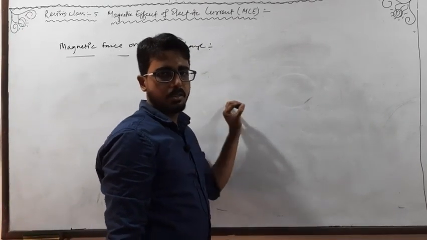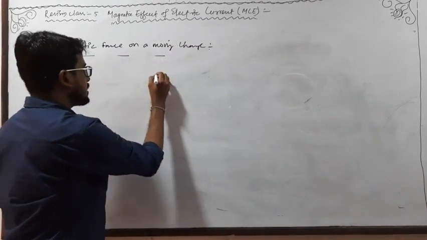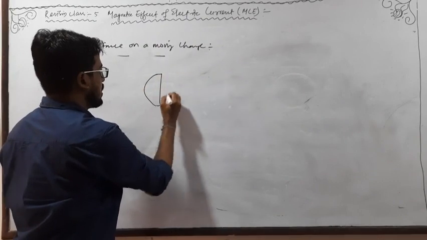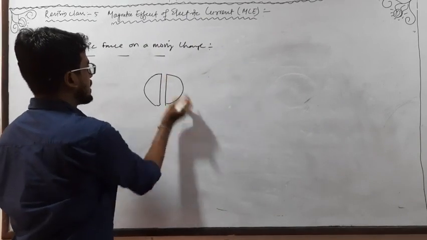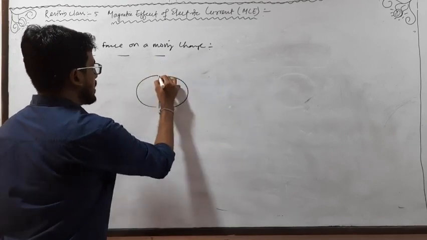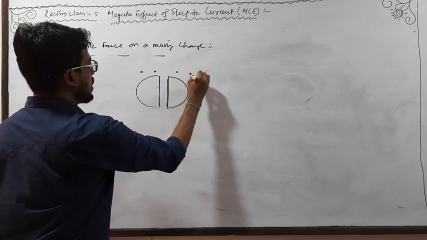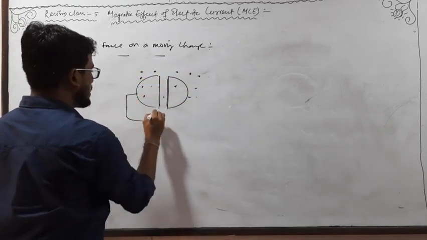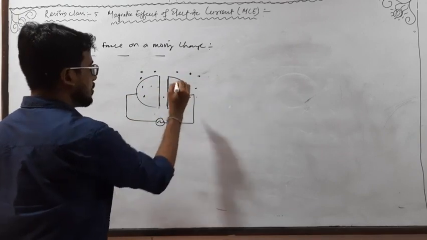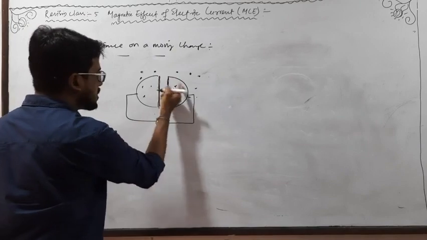What is a cyclotron? A cyclotron is a particle accelerator in which there are two D's present close to each other and a magnetic field is acting perpendicular to them, like this. These two D's are connected with an alternating EMF source, so that the electric field which exists between the gap will change alternately.